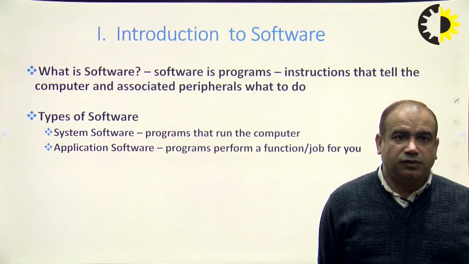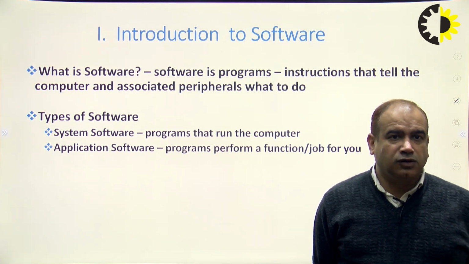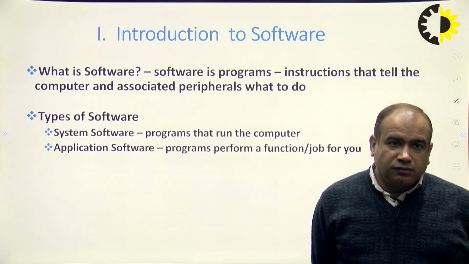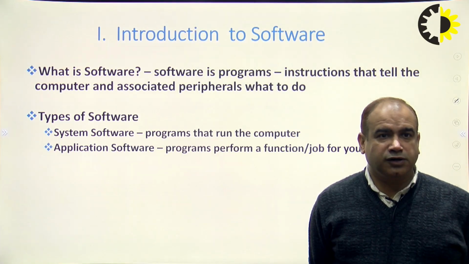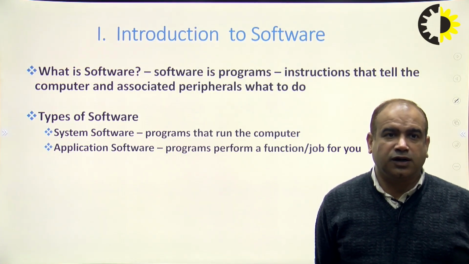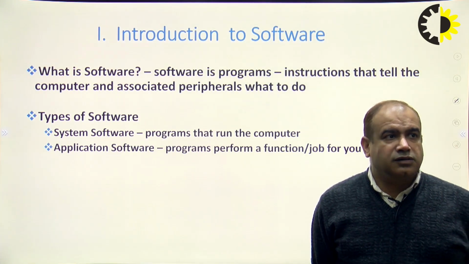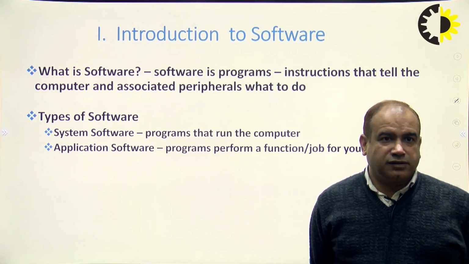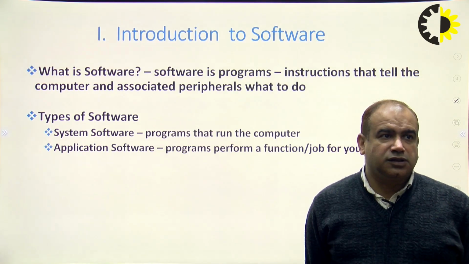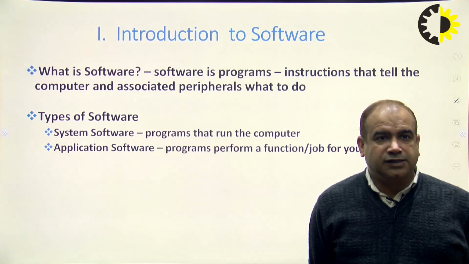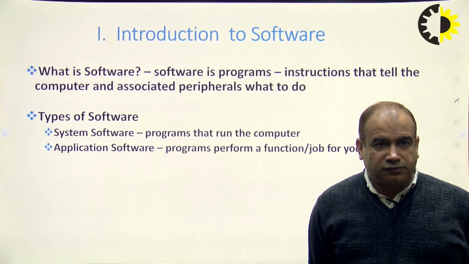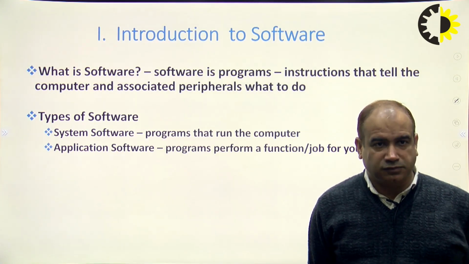As we work on a computer, we encounter so many types of programs or software, which are basically written instructions that tell the computer to do some work or task.